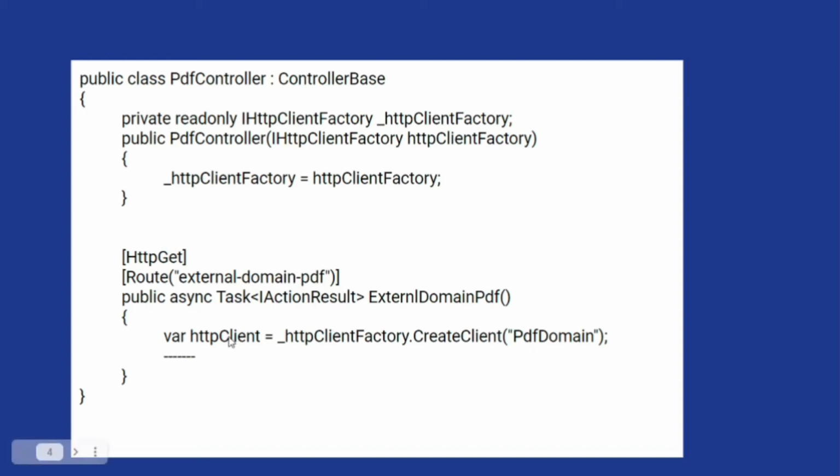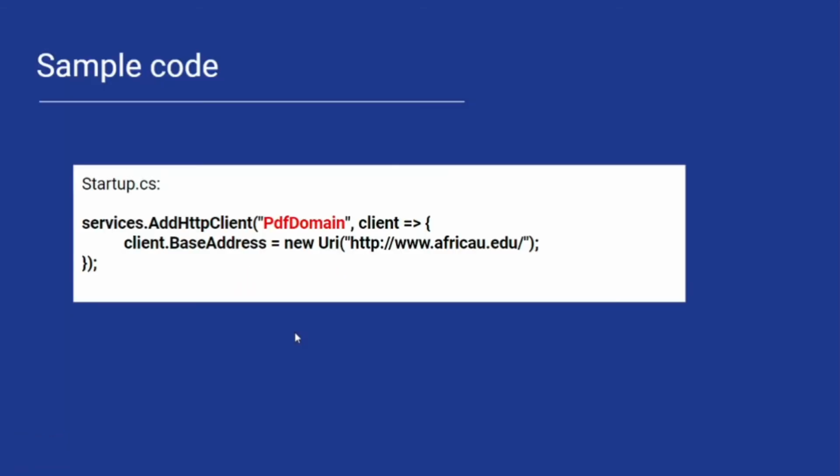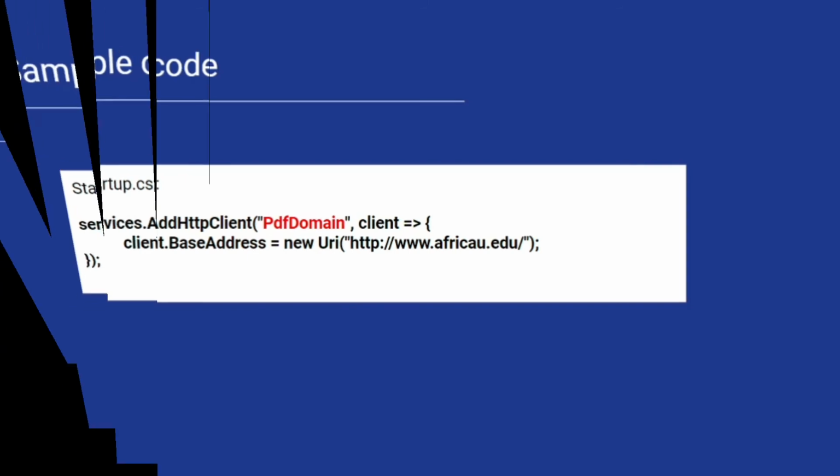So this process is called the named HTTP client technique because it depends upon the name. Based on the name, the HTTP client factory generates the HTTP client instance with all configurations that are registered in the startup file. Okay. I think it makes sense to you all what the named HTTP client is.